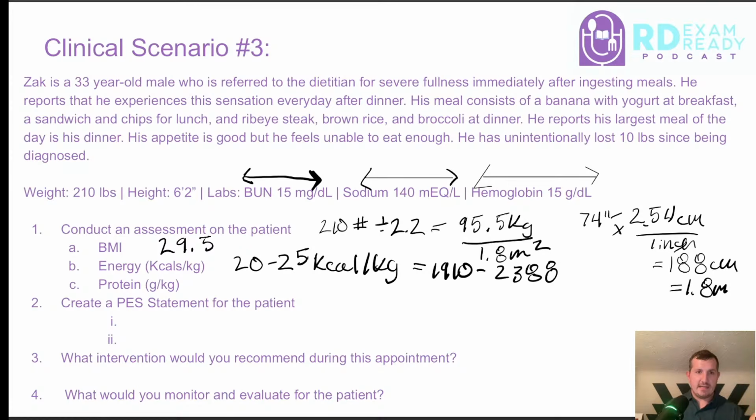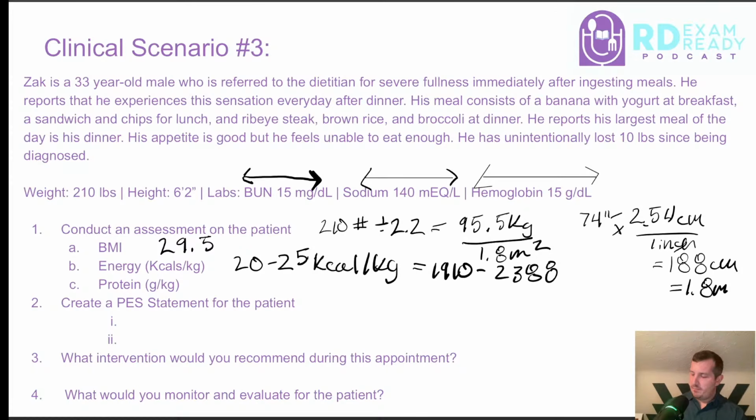The protein needs in this case, as we look at his needs, is he having severe inflammation? Not necessarily. I don't think he needs 1.5 grams per kilogram because he doesn't have wounds or trauma. He's not having severe inflammation, so that feels too high. 1.2 feels a little high.